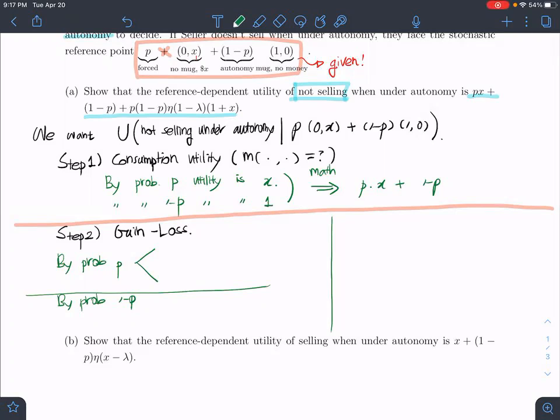I was expecting, by probability P, to be forced to trade, and in this case my outcome was (0, X). By probability 1 minus P, I'm in the autonomy case, and my outcome is (1, 0), 1 mark and $0, no trade.